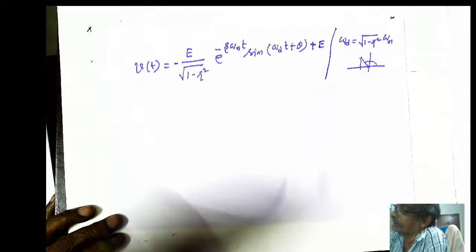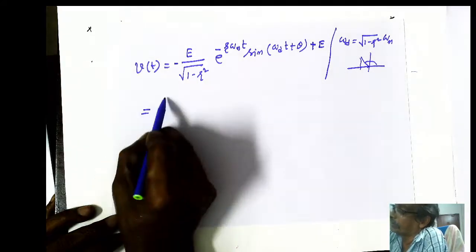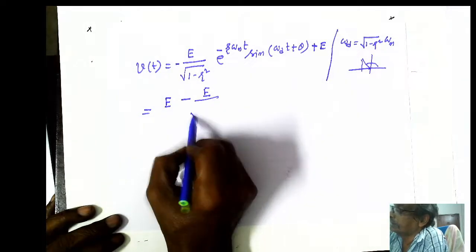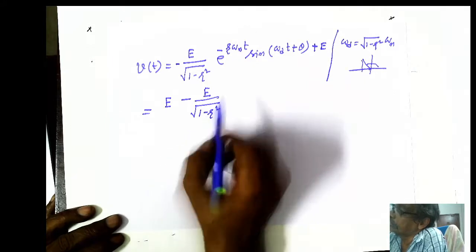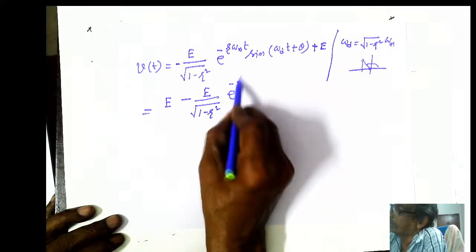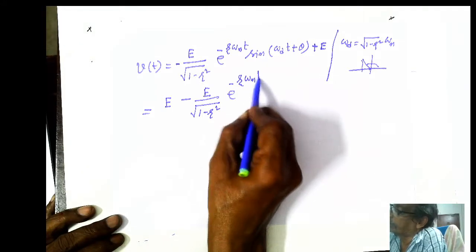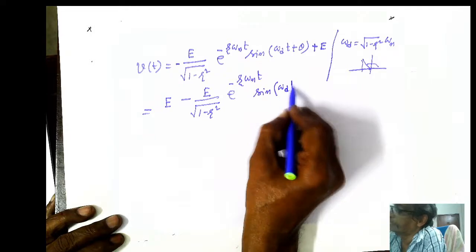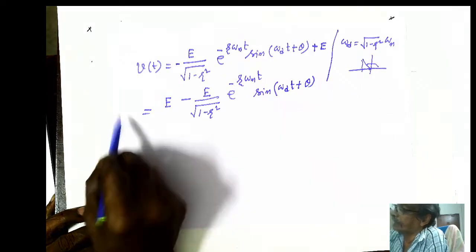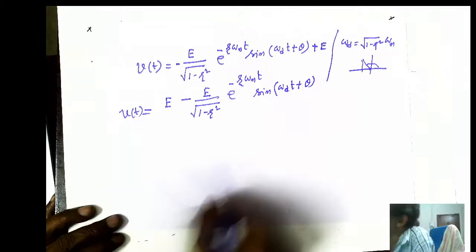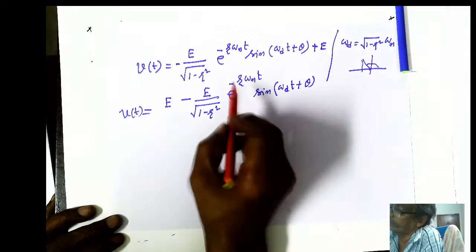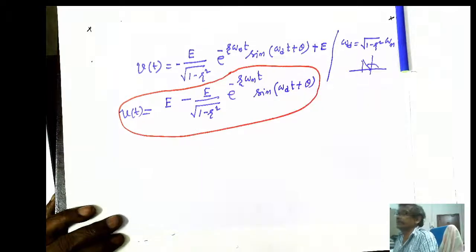So if I write it in a more formal way, v of t is E minus E by root over 1 minus zeta square, e to the power minus zeta omega n t into sine omega d t plus theta. This is the final solution. Is that clear?